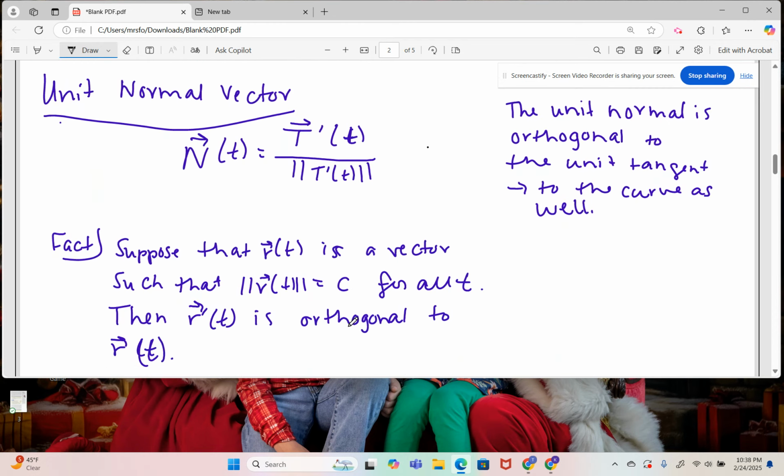Suppose that vector r of t is a vector such that the magnitude is equal to c for all t. Then the derivative of that vector is orthogonal to the original.